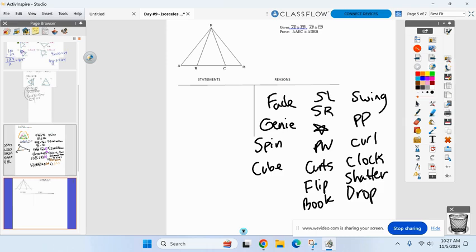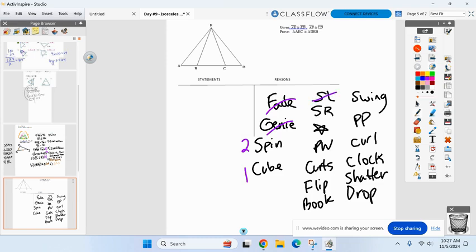I can't think of anything else. Yeah, okay. All right, we ready? So we can get back to the proofs. Fades. Any fades? Think it's gonna be fades? No. Genies. Spins. 2 spins. Yep. Cubes. Slide left. Actually, we are missing one. Slide right. Star. 1, 2, 3, 4, 5, 6 stars.